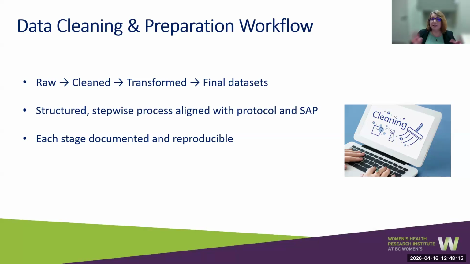Cleaned, which is slightly modified raw data, like checking for outliers, flagging things, documented; it's more like quality control and data checks. After that, I transform the clean data into the structure I need, and I create a set of final data sets I use in the analysis.